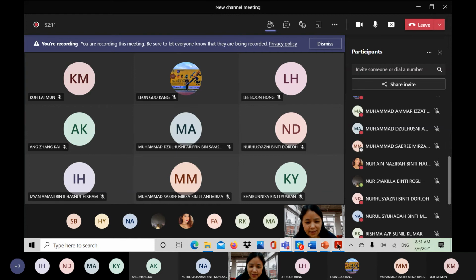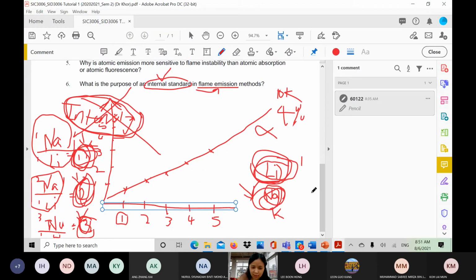In what kind of situation, right? Because we know that in all kinds of situations, if there is a fluctuation of temperature, it won't change the ratio intensity of our target analyte towards the internal standard. I already said constant, right? It won't change. We don't care. Temperature high, temperature low, it won't change the ratio intensity, because it is a constant.